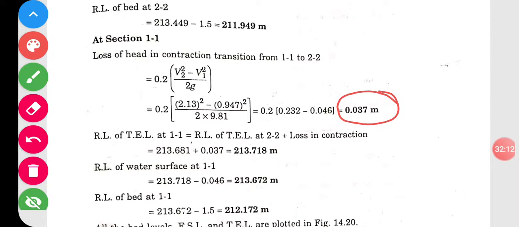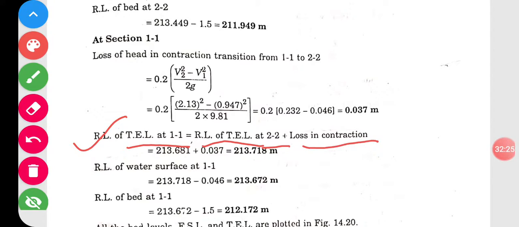Now after knowing the loss of head in contraction, what can we calculate? The RL of total energy level at 1-1. The total energy level at 1-1 is equal to the total energy level at 2-2 plus loss in contraction. So that is this, the RL of the total energy level.